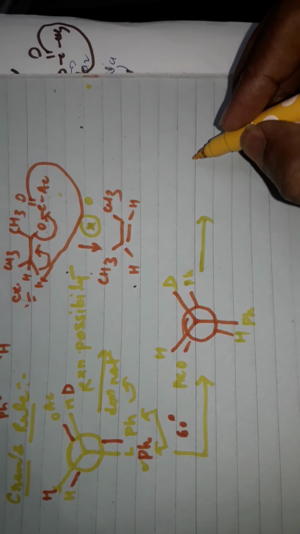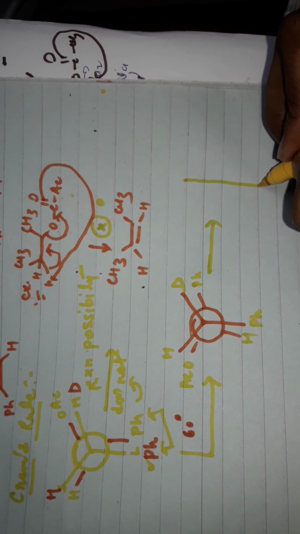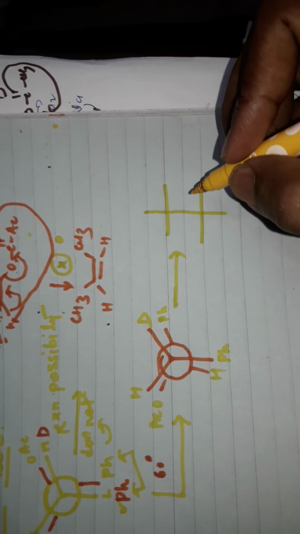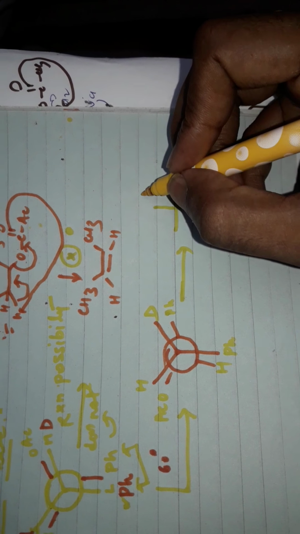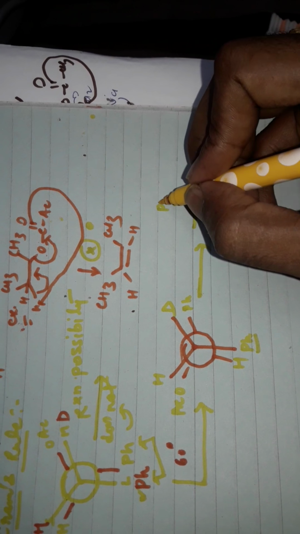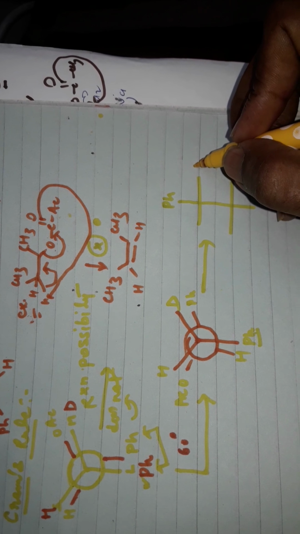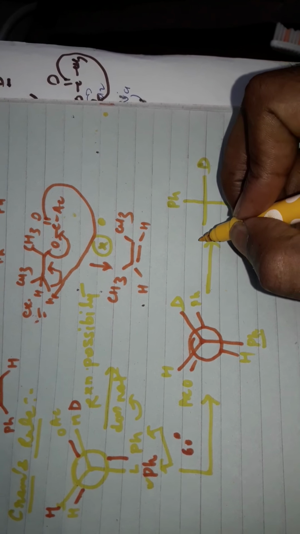After that, you should draw the structure like that. Here the larger group is Ph, the medium is this one, so medium should be D, smaller is H. The remaining part is this one.